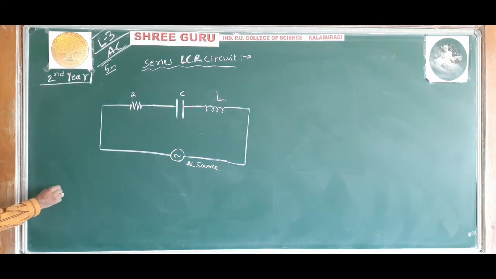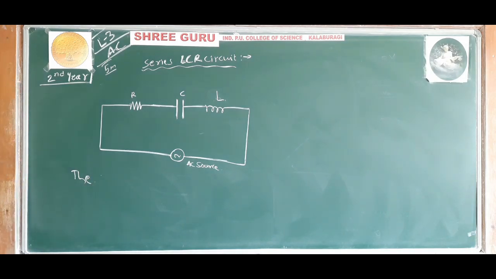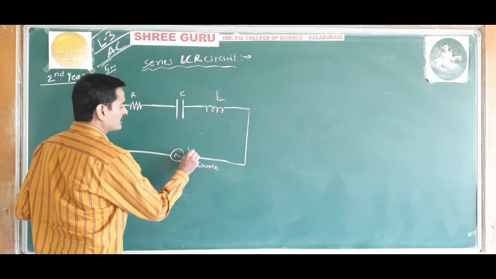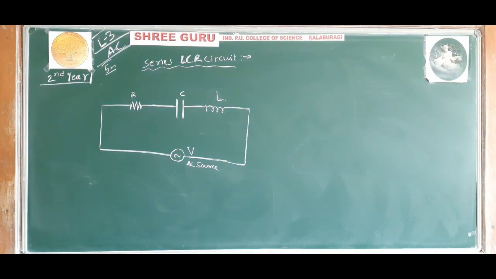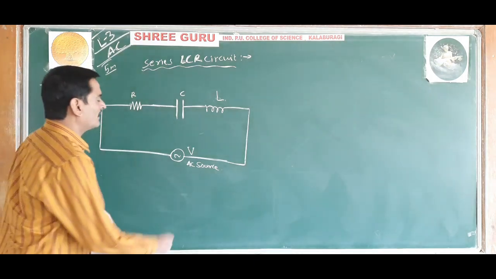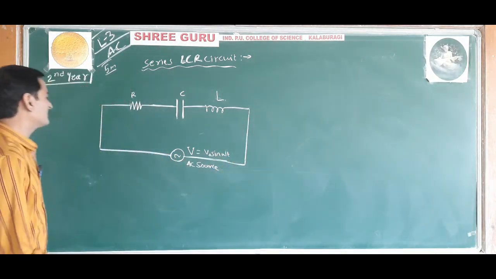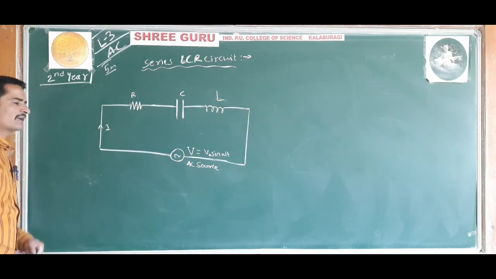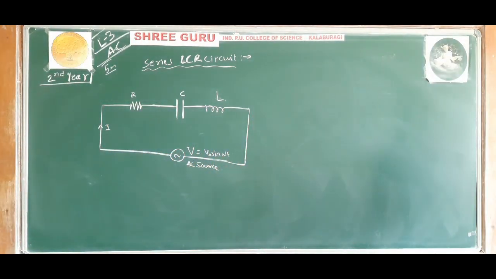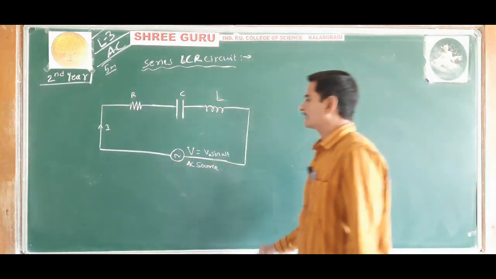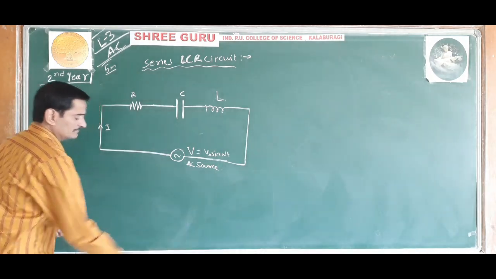First, let V be the RMS value of voltage applied to the circuit, and it is given by V is equal to V naught sin omega t, and let I be the RMS value of current flowing through the circuit.